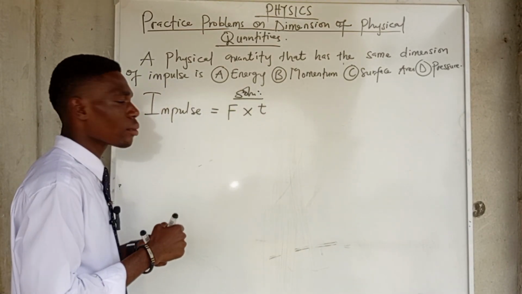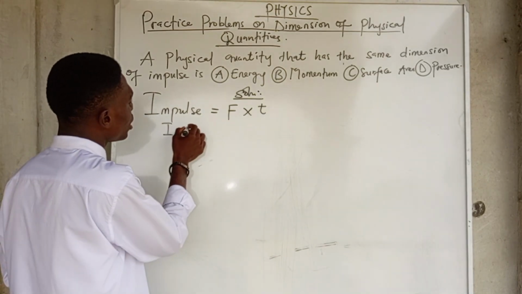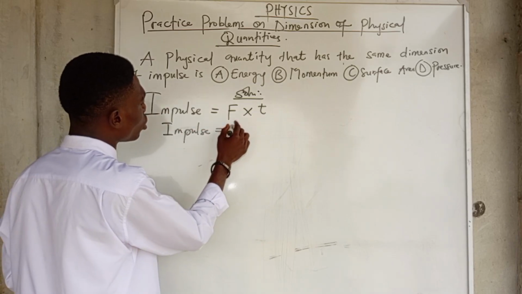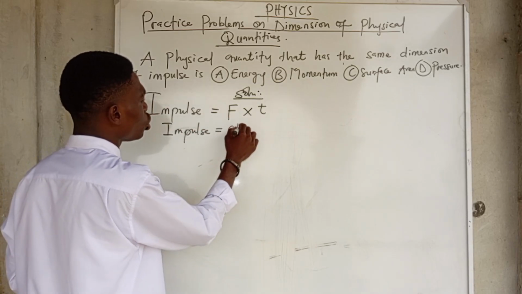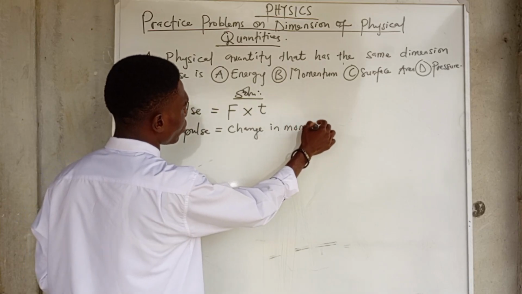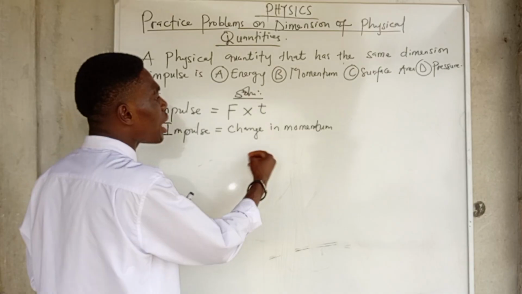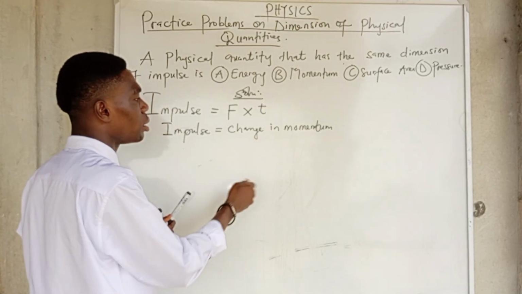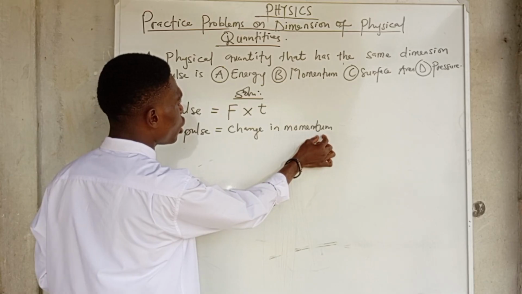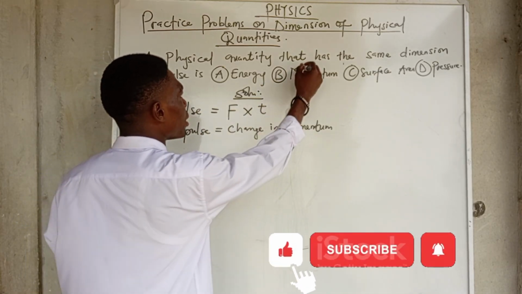However, impulse also is equal to change in momentum. So if we take impulse as change in momentum, change in anything still gives us that same thing. So with respect to dimension, impulse will have the same dimension as momentum. And so that makes option B the correct answer.